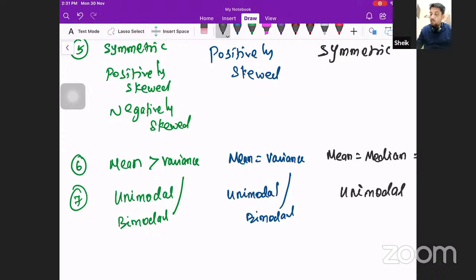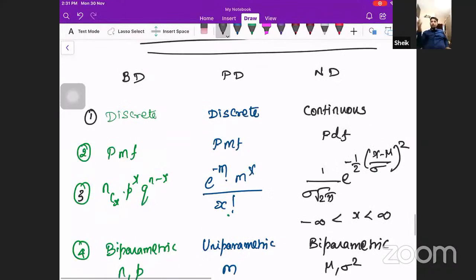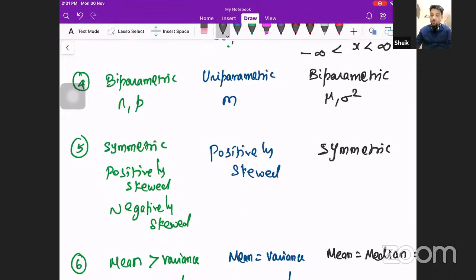It is rigidly defined because mean is equal to median is equal to mode. When mean is equal to median is equal to mode, you cannot have more than one mode. So it is unimodal. At least this much difference you need to remember, my dear.